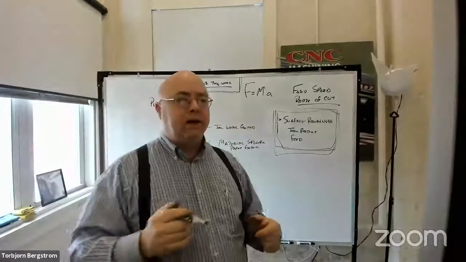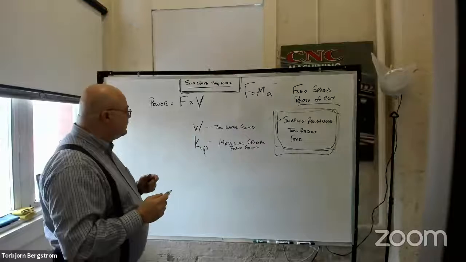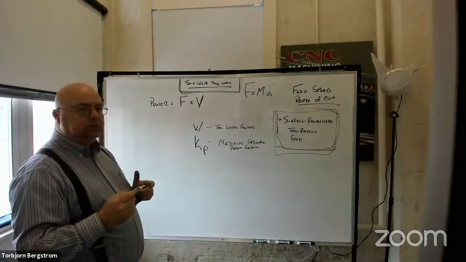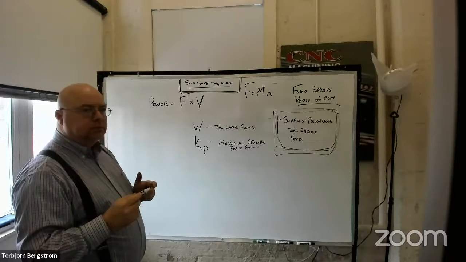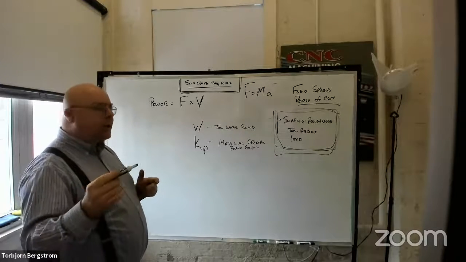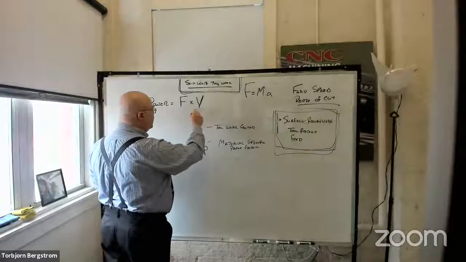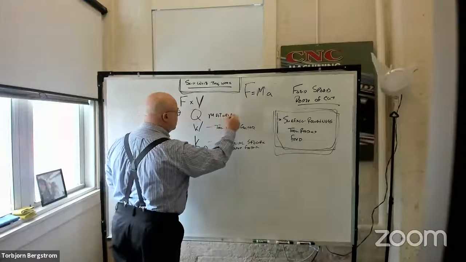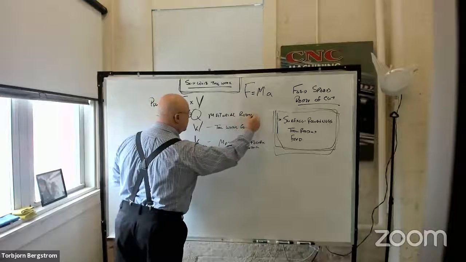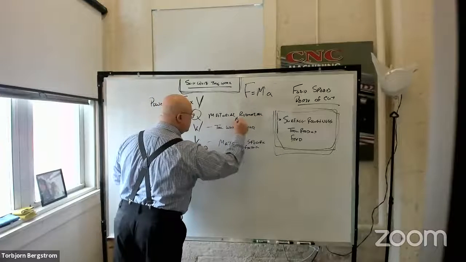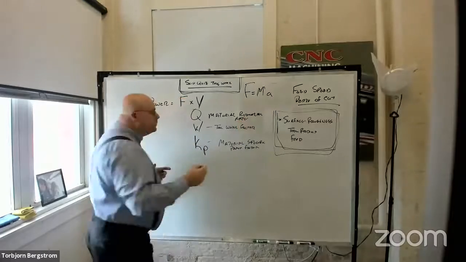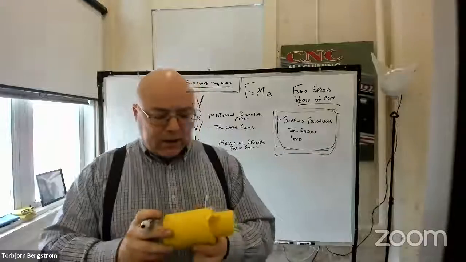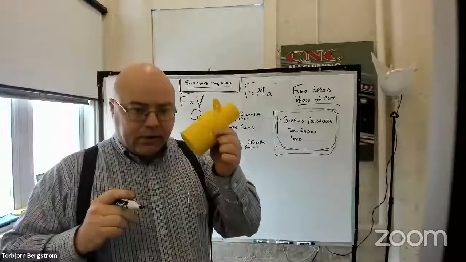What else will it depend on? So it'll also depend on our material removal rate, which we call Q. And remember, our material removal rate is the volumetric rate at which we take material off the workpiece.